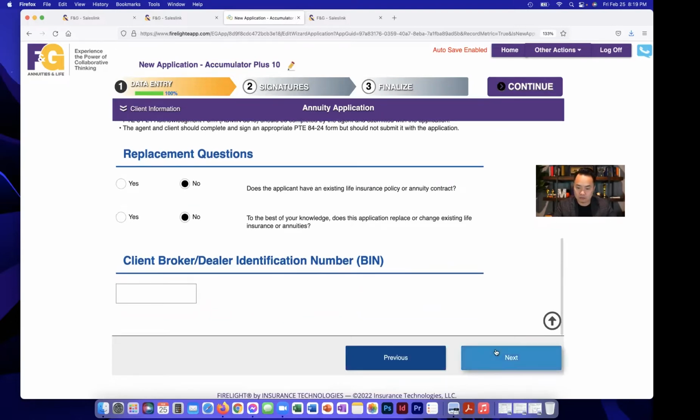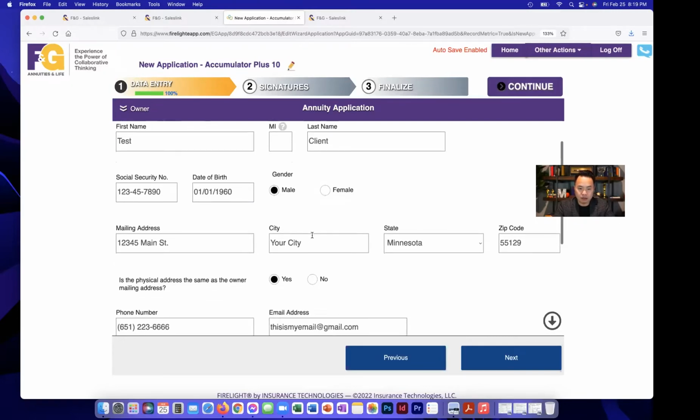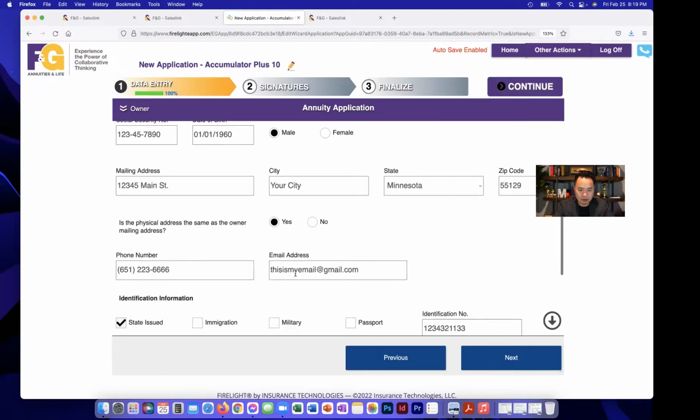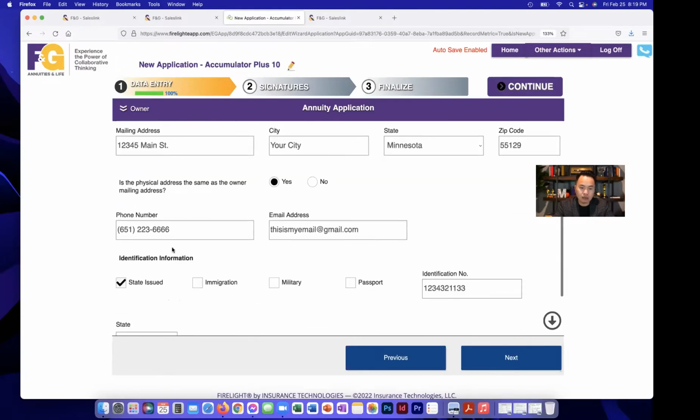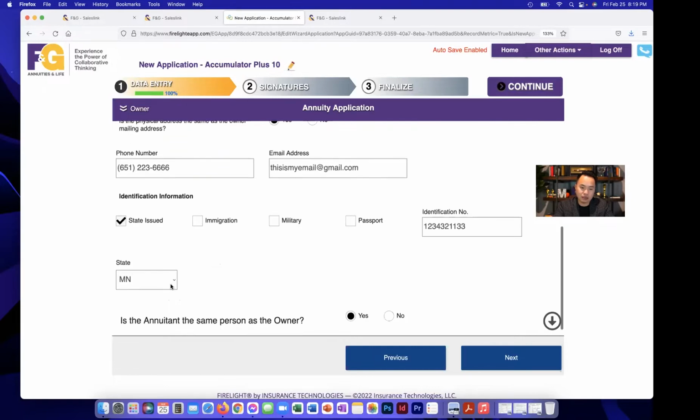They don't need it. Owner information, test client. Okay, social security number, date of birth. Okay, so this person happened to be 62 years old. Okay, I could just make it any other way, but you know, their address. Okay, so their phone and their email, the state issued ID identification number, you know, driver's license number, the state that issued it.